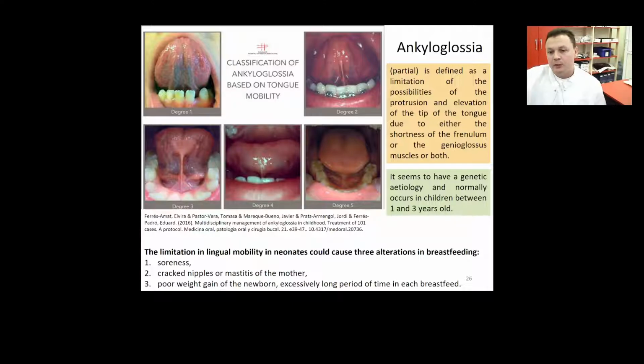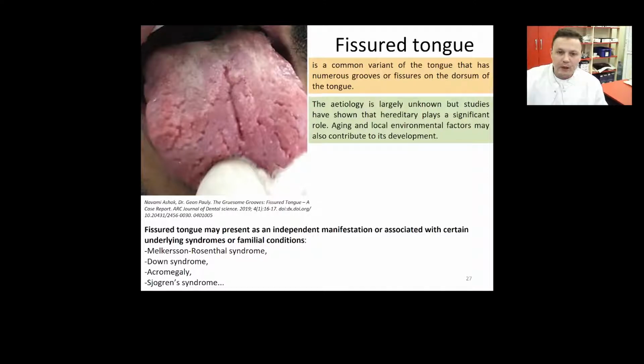Fissured tongue is a common variant of the tongue that has numerous grooves and fissures on the dorsum of the tongue. Males are more commonly affected. The condition may be seen at any age, but generally affects older people more frequently. The etiology is largely unknown too, but studies have shown that heredity plays a significant role.